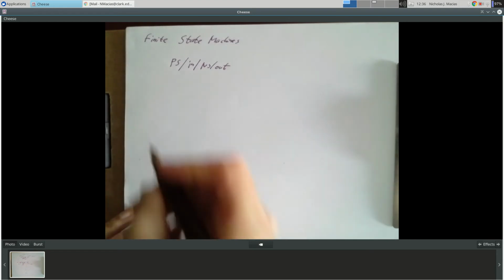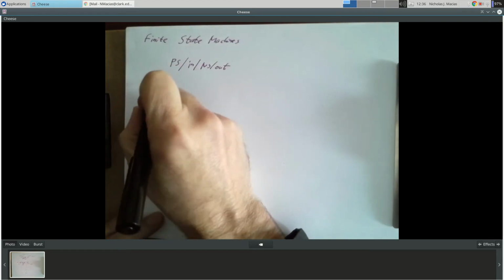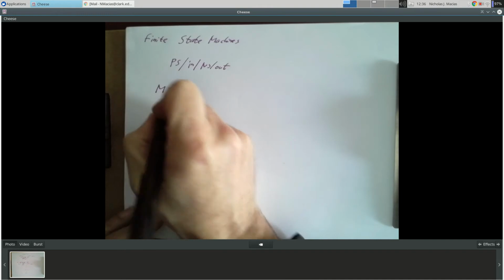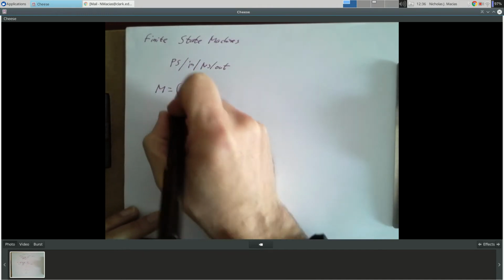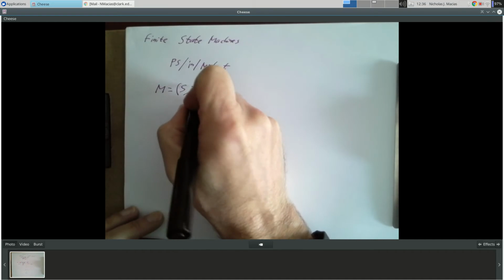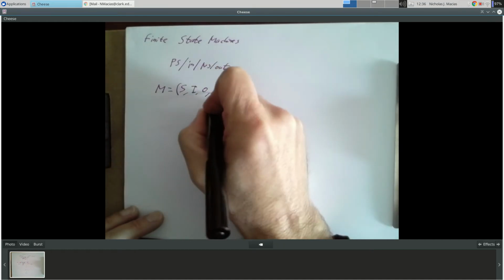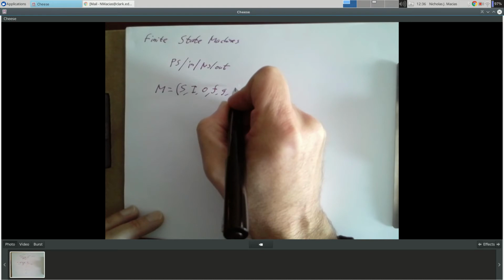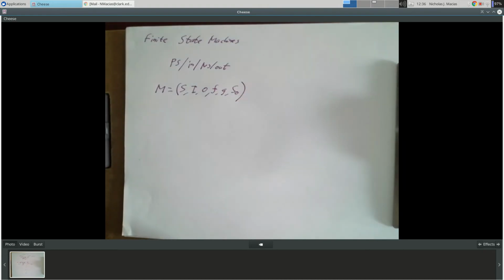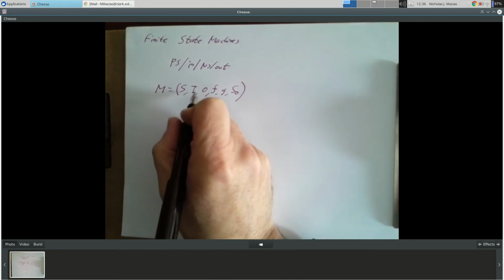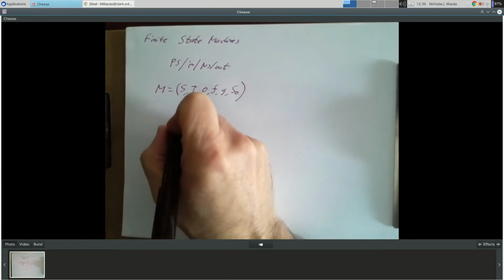And we can get mathematical with this if we like. So here's a state machine M, and it's a sextuplet of S, I, O, F, G, and S0. S is the set of states, I and O are the sets of inputs and outputs.